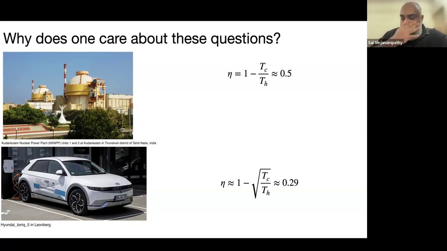And there are some formulas on the wall. I don't want to scare you with them, but the top formula represents, for instance, a theoretical limit. If you think of a nuclear power plant, a nuclear power plant is nothing more than a heat engine, because all that it does is it has a hot temperature and a cold temperature, and it spins some wheels, and those spinning wheels generate electricity. Now, the heat that the hot temperature refers to is coming from nuclear fuel, but this is an irrelevant detail for us.